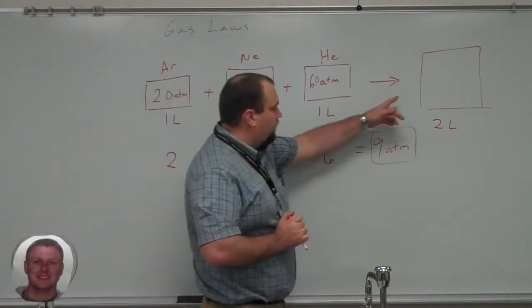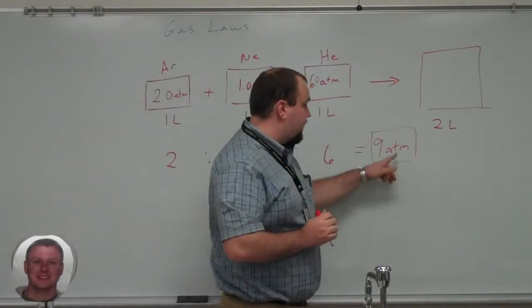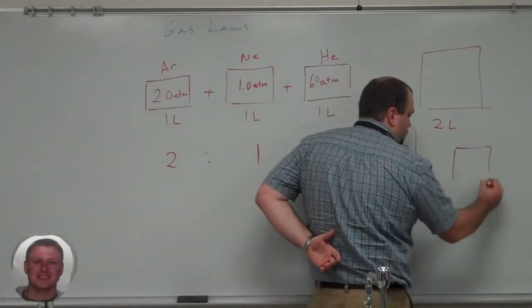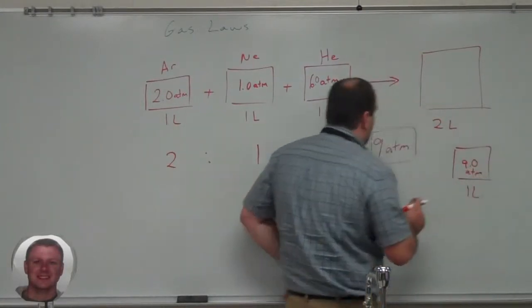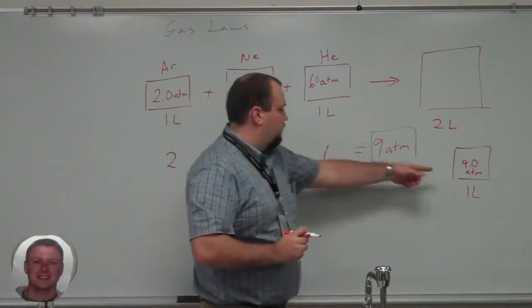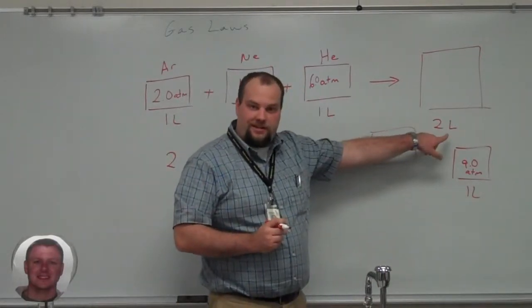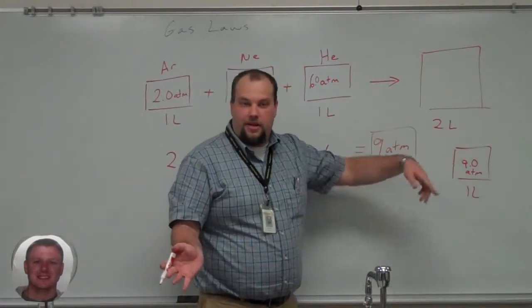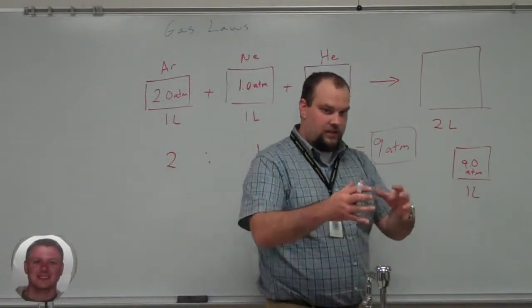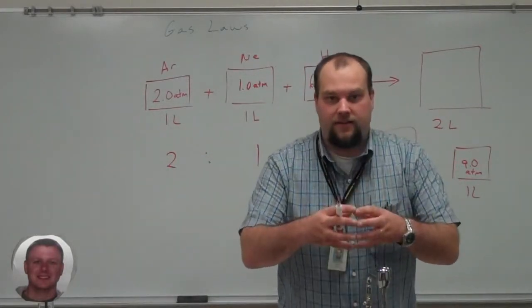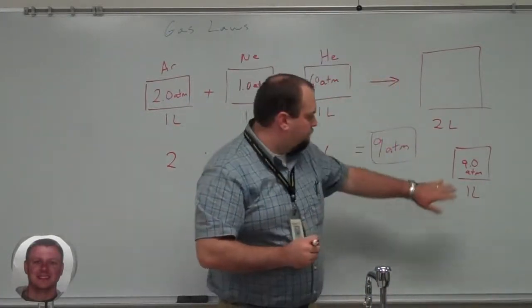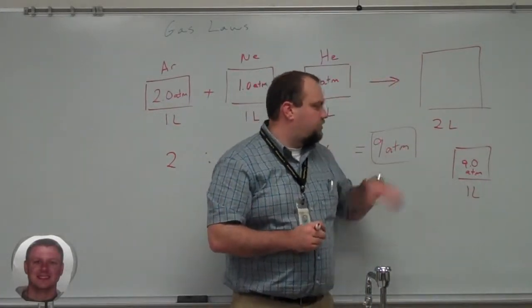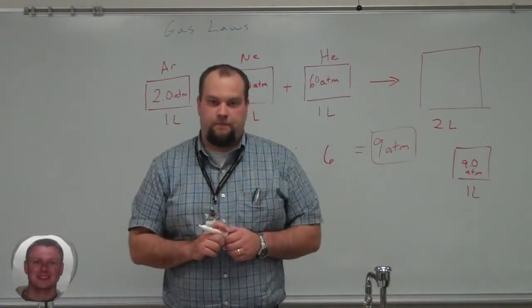If this were a 1 liter container, it would be 9 atmospheres. Right? If this were a 1 liter container, I would have 9.0 atmospheres. Right? But it's not a 1 liter container, right? It's a 2 liter container. So I take my 9 atmospheres, my pressure, if I double the volume, what happens to my pressure? If I double the volume, going from 1 to 2, what happens with my pressure?